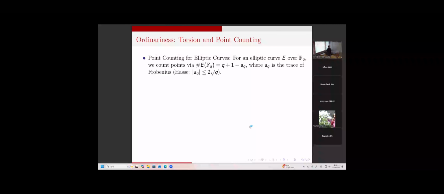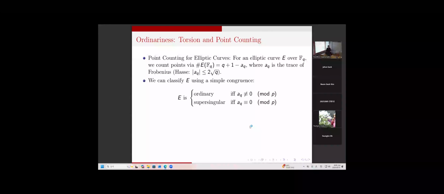I call it a correction term because by a famous result of Hasse, we know that its size is less than 2 times the square root of q, so it's of smaller order than q. But then you can distinguish whether E is ordinary or supersingular by looking at whether this correction term is divisible by p or not. It's always an integer, so we can ask whether it is divisible by p.